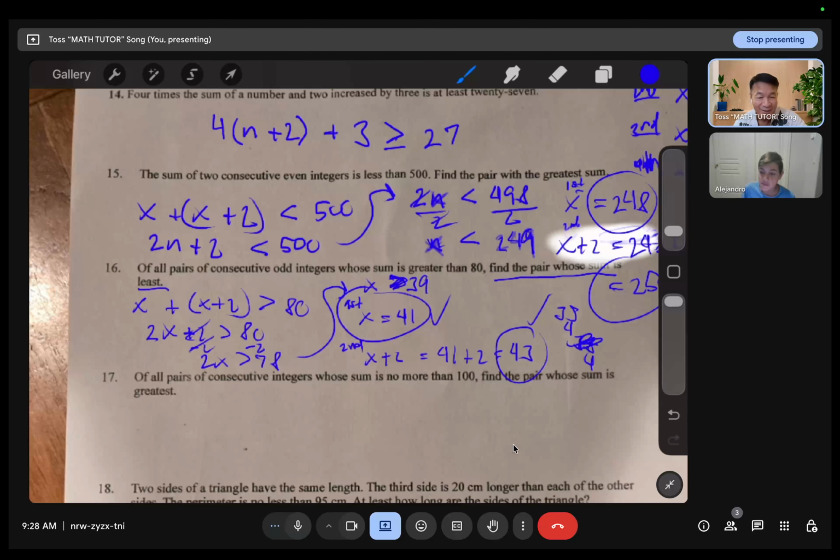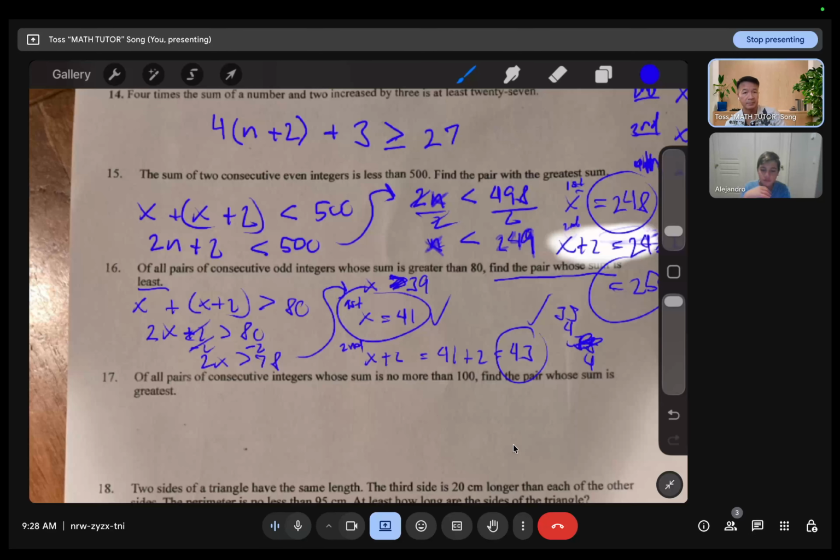You may not have to worry about it as long as you get the two numbers. You should be fine. But if you wanted to make sense of the whole thing, find a pair. Some students are that critical, right? They want to ask. You're probably asking right now, what does that mean? Find the pair whose sum is least. It means that these two combined will add up to be the number that is greater than 80, but the least you can get. Is that okay?